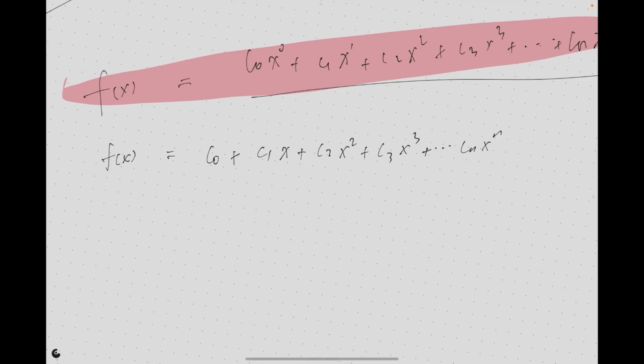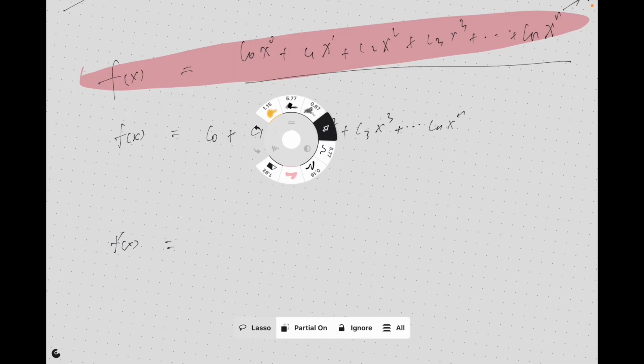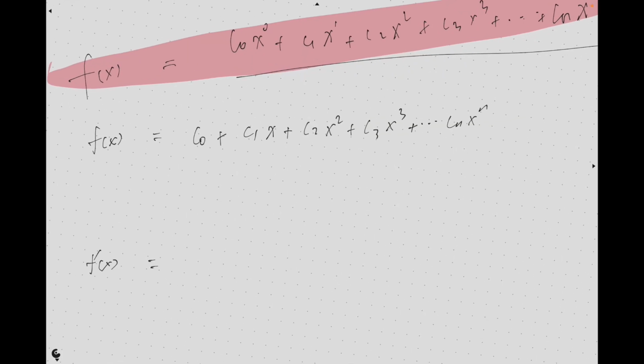So we take the derivative of f of x. All right, let's do this. In this case, let's figure out what c0 is first. How do we get it? Okay, we make x 0.